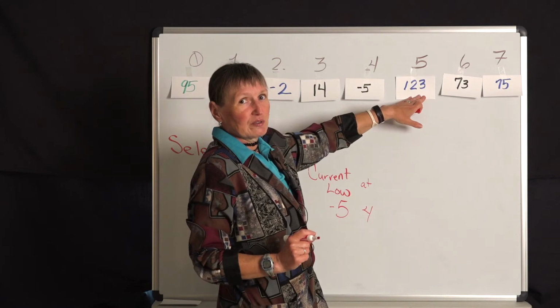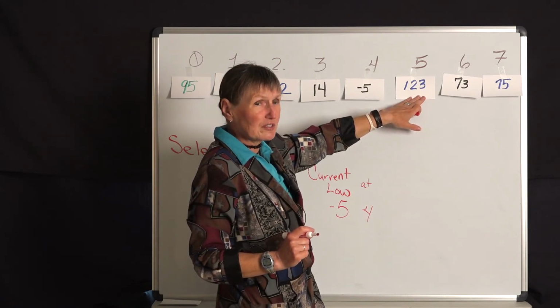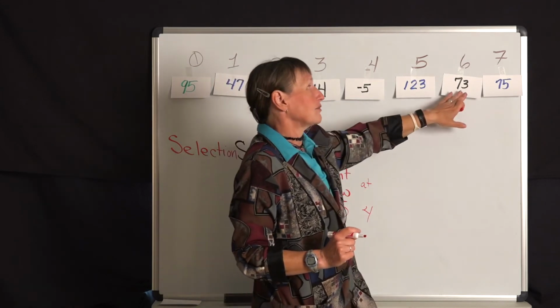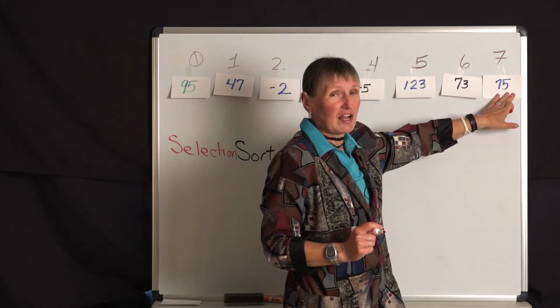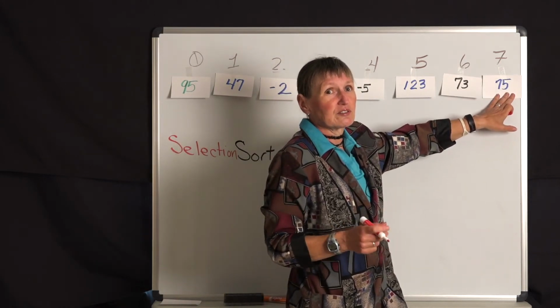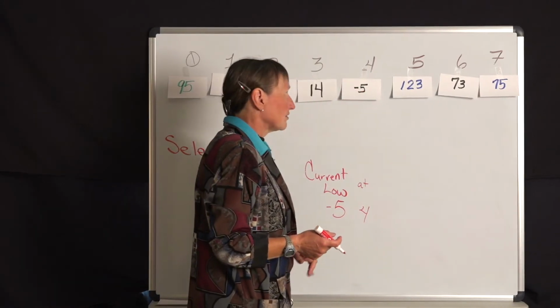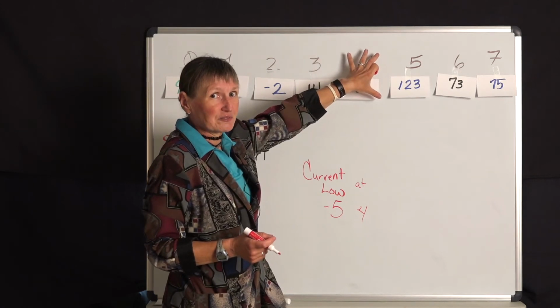And then we go to the next value, which is 123. That's definitely not lower than -5. 73, which is also not lower than -5. 75, which is also greater, or not lower than -5. So we have our selected value.